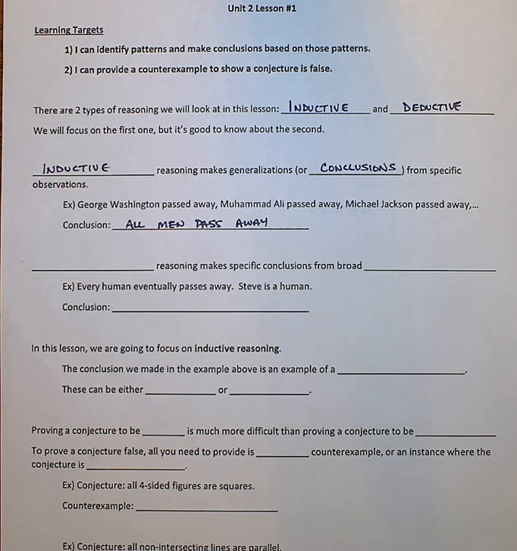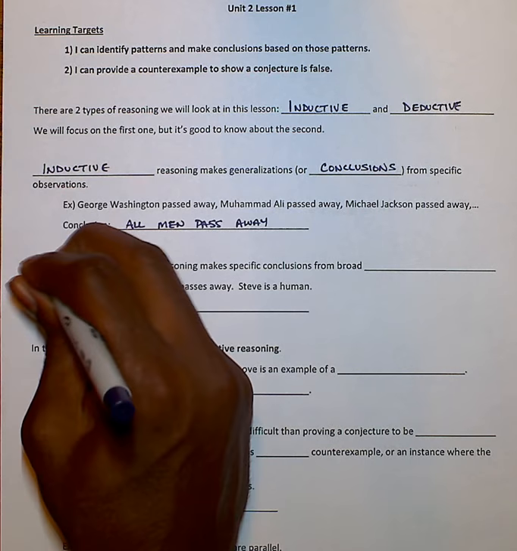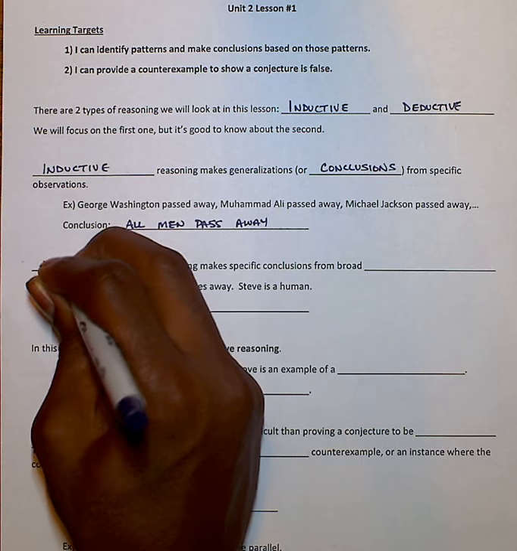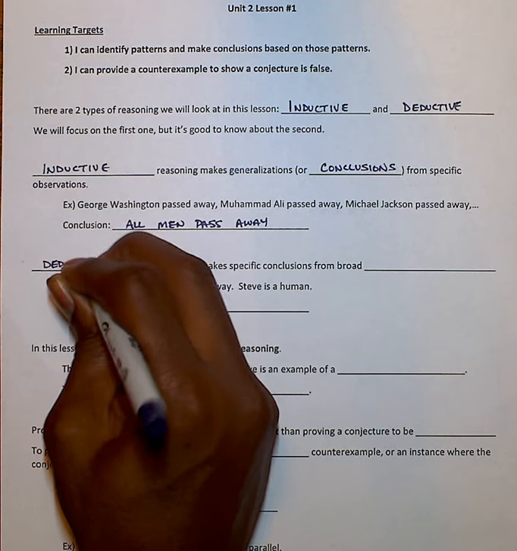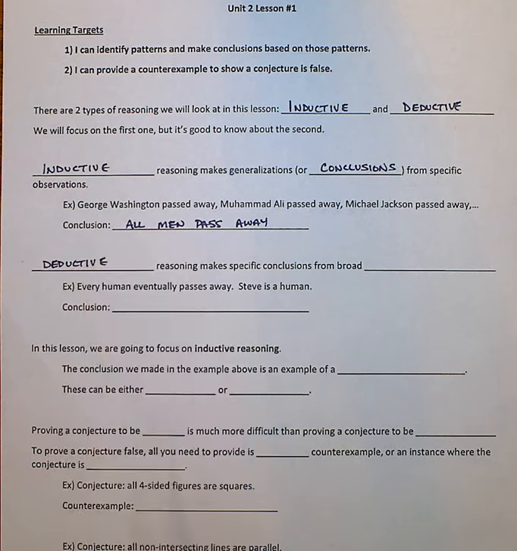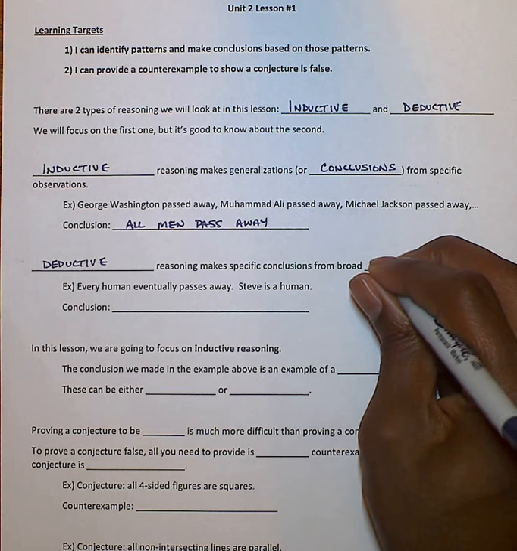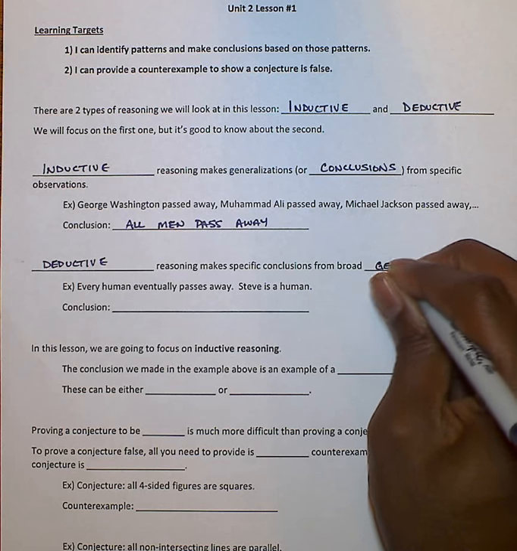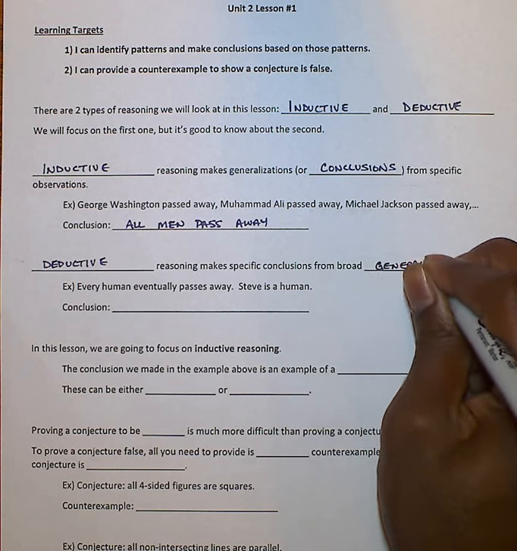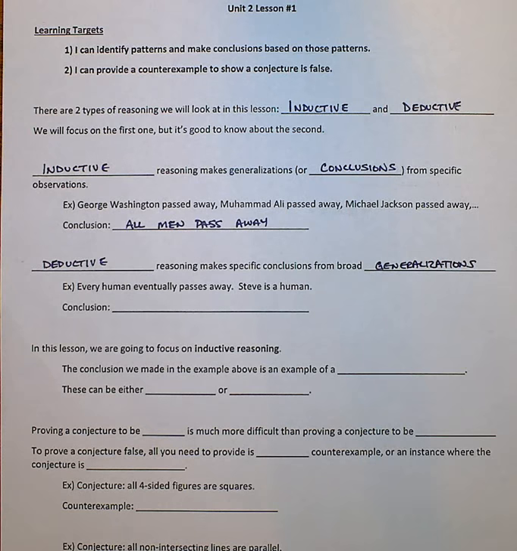Deductive reasoning makes specific conclusions from broad observations. Generalizations. Okay, so an example of deductive reasoning: every human eventually passes away.